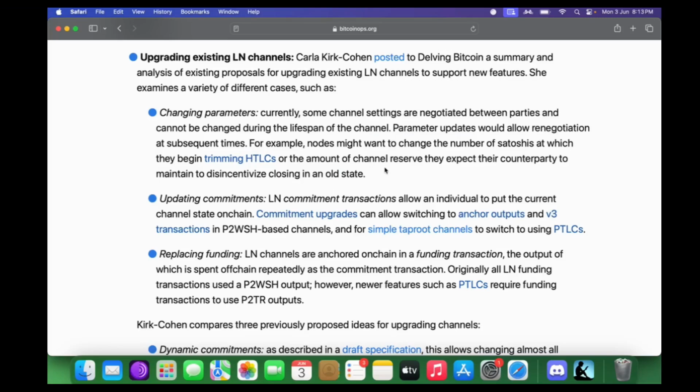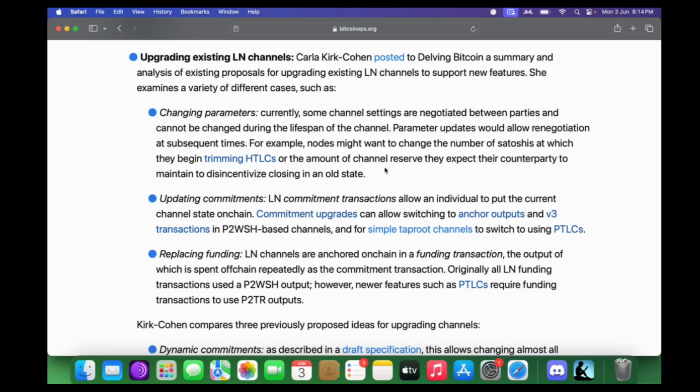What do they do in this situation? As of now, to the best of my knowledge, there is no alternative except to close the channel and open another channel. But this proposal aims at enabling the two channel partners to change static information as well, like trimming HTLCs or channel reserve, without closing the channel during its life cycle.